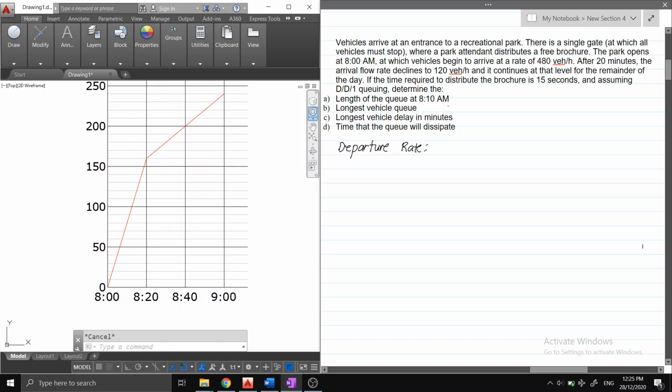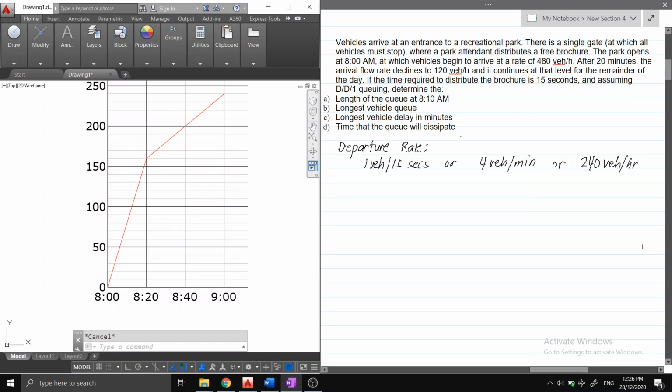So, meron tayong 1 vehicle per 15 seconds or 4 vehicles per minute, or that is also equal to 240 vehicles per hour.